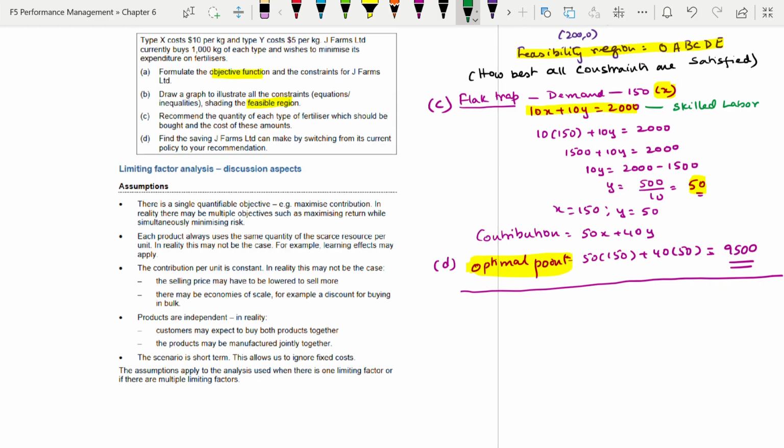We cannot say that I don't have skilled labor, so I can manage that process with semi-skilled labor. No, we cannot do that. Even if you have a surplus in the semi-skilled labor, we don't have any other option. That is the reason why we have taken this equation.